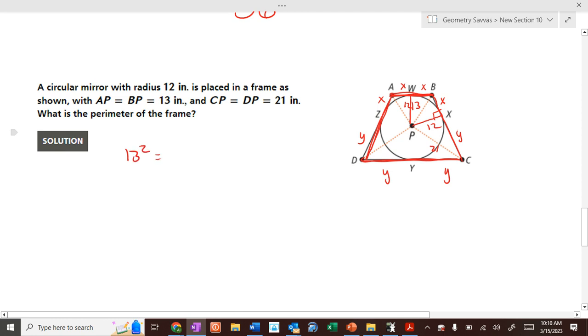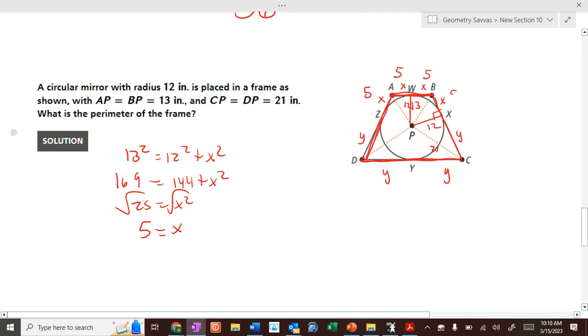So if 13 squared equals 12 squared plus x squared, 169 equals 144 plus x squared. So if we subtract 144, 25 equals x squared, take the square root, x equals 5. So we have 5 there, there, there, and there.